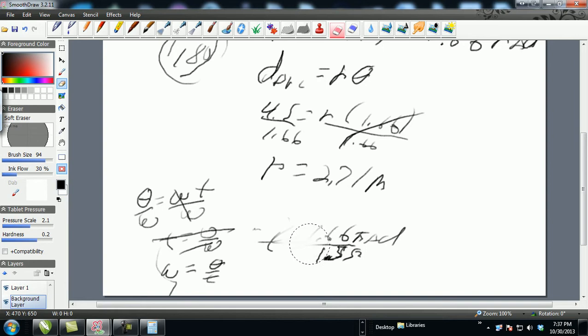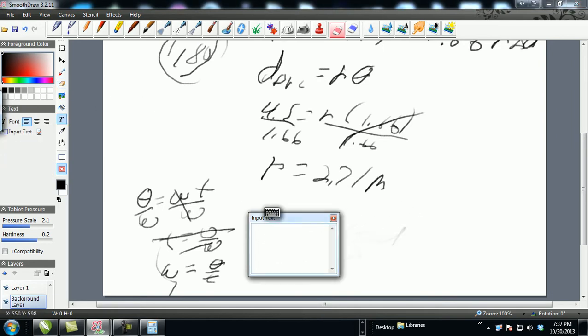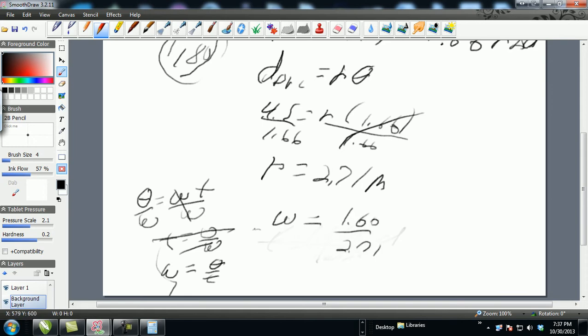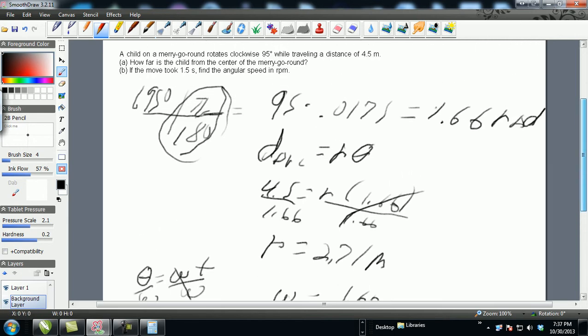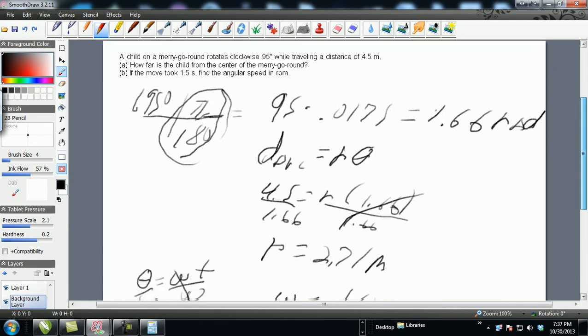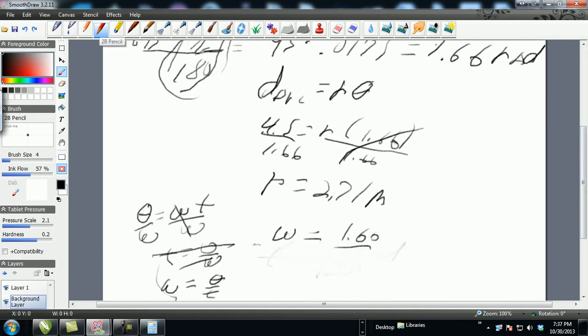That should be omega equals 1.66 over, was that the time? Let's confirm that time, 1.5, right? So let's undo that a little bit. The time was 1.5, right?